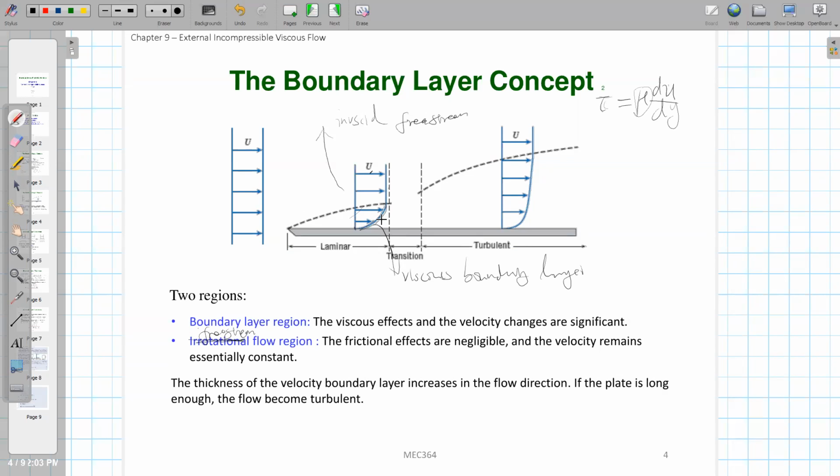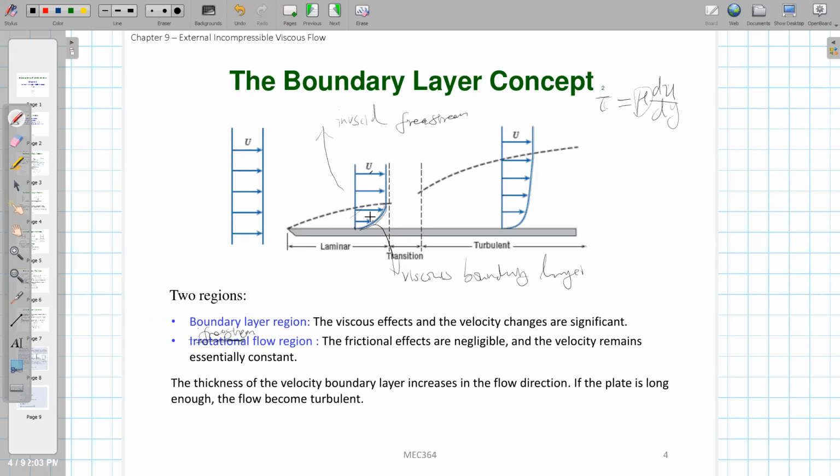Okay, so this is the first thing. And the second thing you need to realize is that the thickness of this boundary layer is not a constant. Along the plate direction, this boundary layer thickness will keep increasing. It is very easy to understand, because inside this boundary layer is where the viscous friction effect exists.